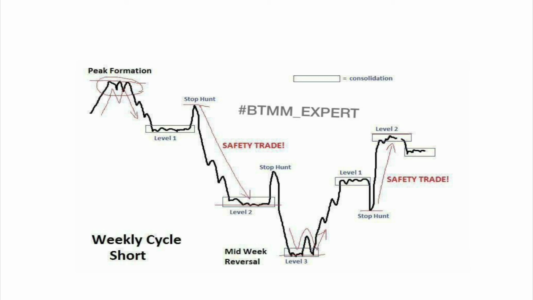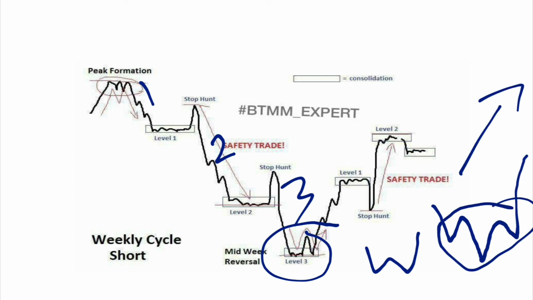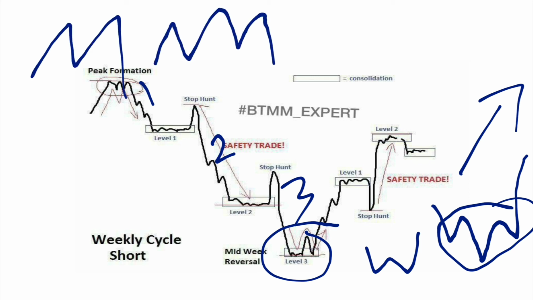So it's 3 pushes. We can say 1, 2, 3, peak, which is usually a W or a head and shoulder pattern, and then price moves up. This can also be an M or head and shoulder pattern, and then price moves up.